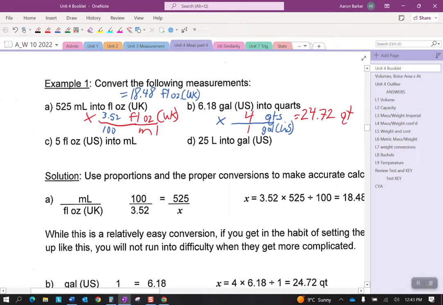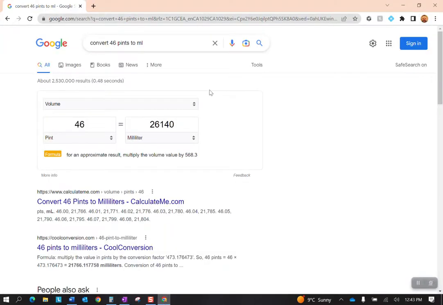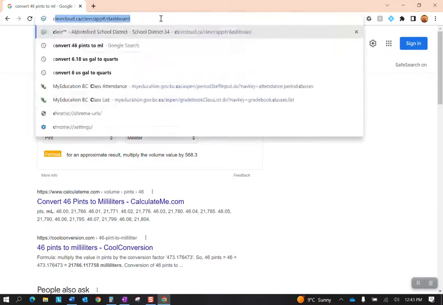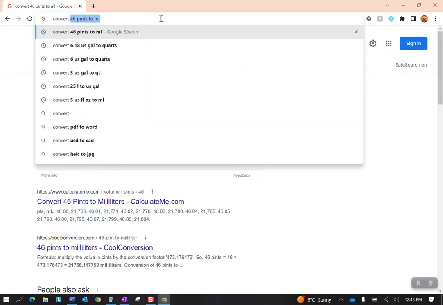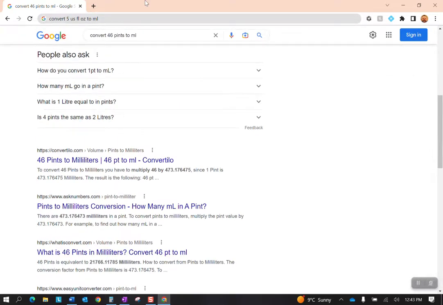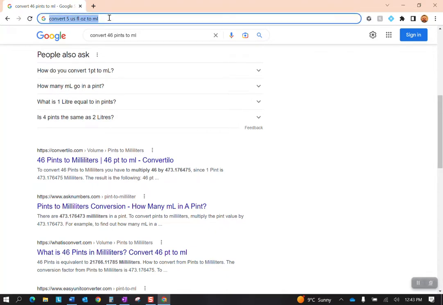So you're going to see these at the beginning. Now let's do Google conversion. So 5 fluid ounces into milliliters, and it's US ounces. So what word do we start with? Convert. 5. Whoops. Oh, I did that this morning, so it came up already. Convert 5 US fluid ounces to milliliters.